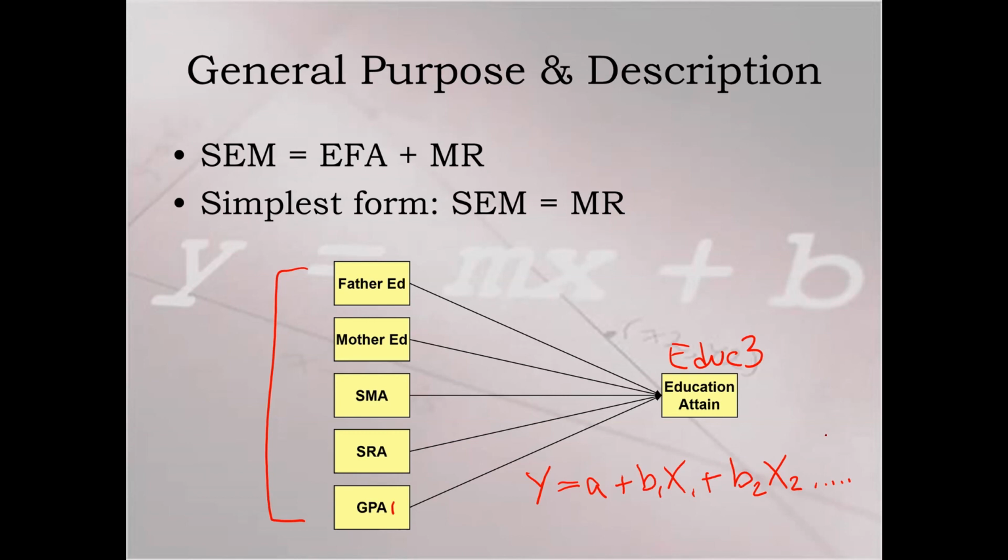And so Casey threw in there that we would have basically education 3 predicted by some intercept plus some b weight times father ed, plus some other b weight times mother ed, plus some other b weight times SMA, and so forth, right? All the way up through b weight times GPA 1. So you guys already know how to do path analysis. You've just never done it in this way before. You've always done it by just writing out your equation and doing this one analysis.